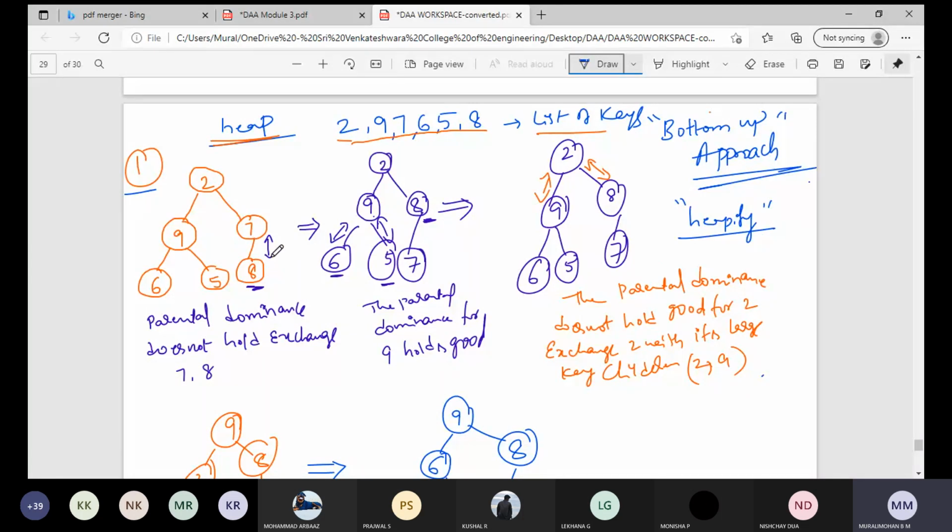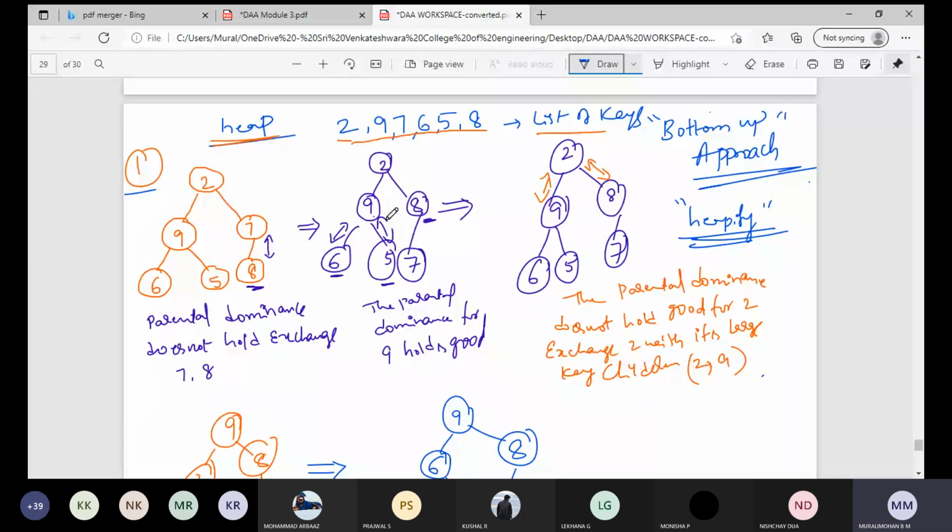If the root node is less than its children, then we will keep on exchanging. This procedure we call heapifying. Is it clear? Can you respond please?